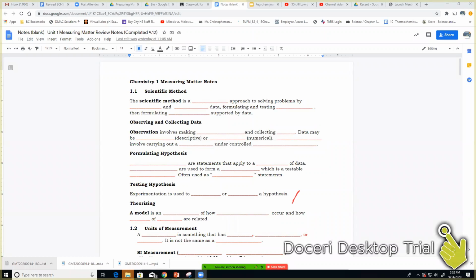The scientific method is a logical approach to solving problems by observing and collecting data, formulating and testing theories.